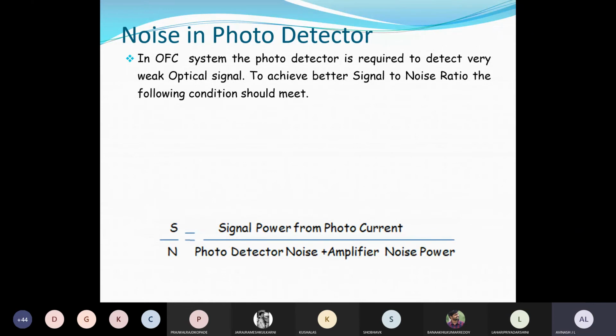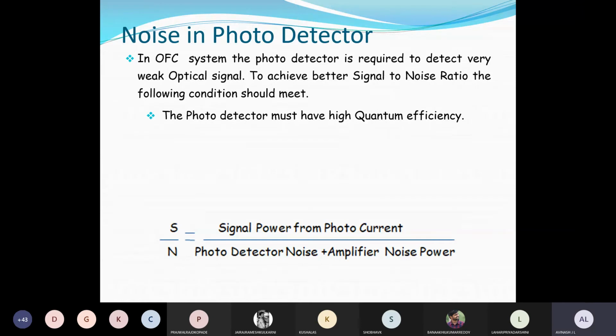So when we design our photodetector or optical detector, it has to detect the weaker optical signal also. Even a small amount of light should be converted. Then only we can say that yes, it is working properly. So in order to achieve a better signal to noise condition, there are some parameters we need to maintain. What are those parameters? The photodetector must have a high quantum efficiency.